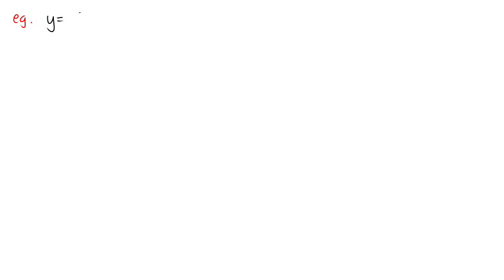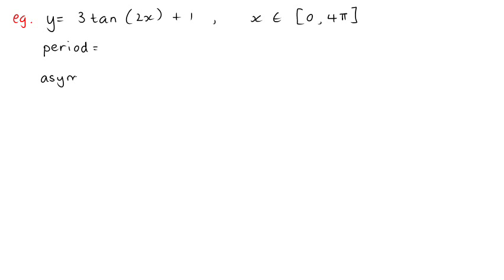Okay, y equals 3 tan 2x plus 1 for x values between 0 and 4 pi. So we're subbing in the same numbers for our k? Yep.